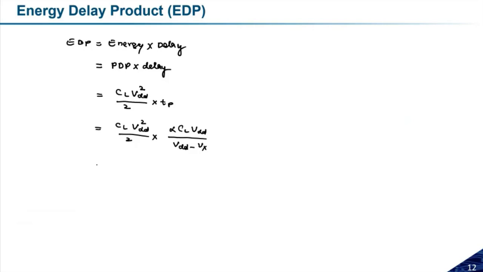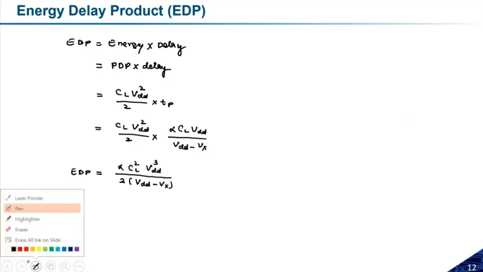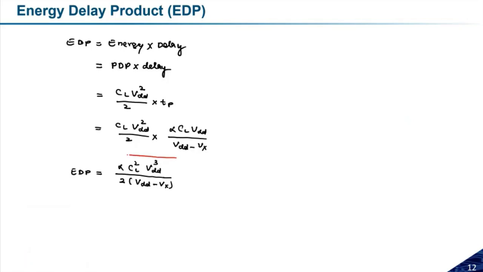Just by simplifying these things, I will get EDP equal to alpha CL square VDD cube divided by 2 into VDD minus VT. So this is all about the energy delay product.